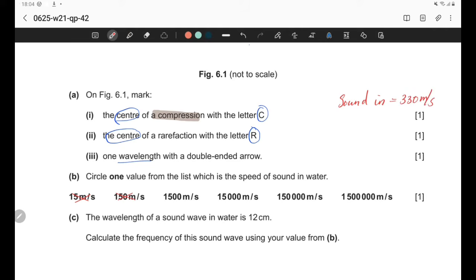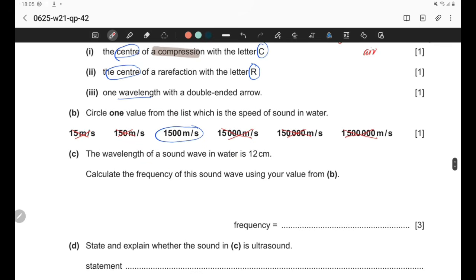So this is the speed of sound in air. So the speed of sound in water will be more. So definitely it must be greater than 330. So the possible answer is 1500 meter per second. 15,000 meter per second is a higher value. So all other values are higher. So therefore the correct answer is 1500 meter per second.